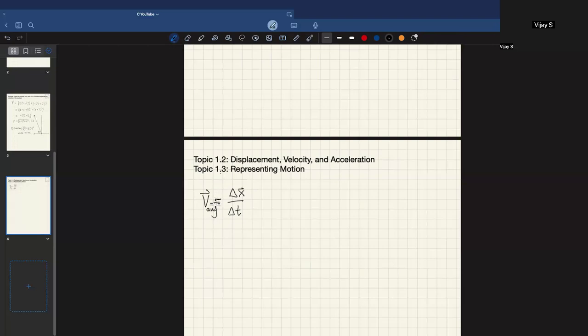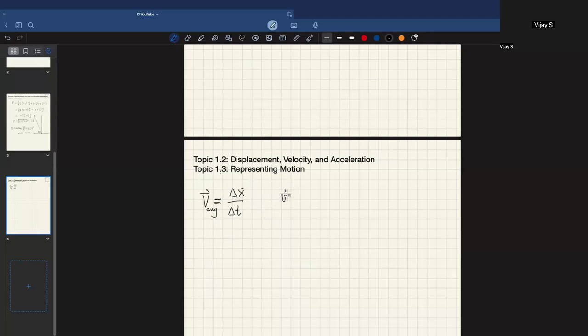That does not hold for everything. It only holds for average velocity. So it tells you essentially, if I were to go from my initial point to my final point directly, and it took me delta t seconds to get there, how fast would I need to go if I took the shortest possible path to get there?